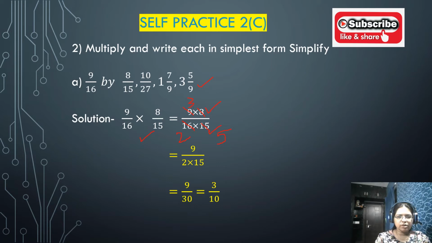So we get 3 in the numerator and the denominator is 2 multiplied with 5. So we get 3 divided by 2 multiplied with 5, equal to 3 divided by 10. So 9 divided by 16 multiplied with 8 divided by 15 equals 3 divided by 10.